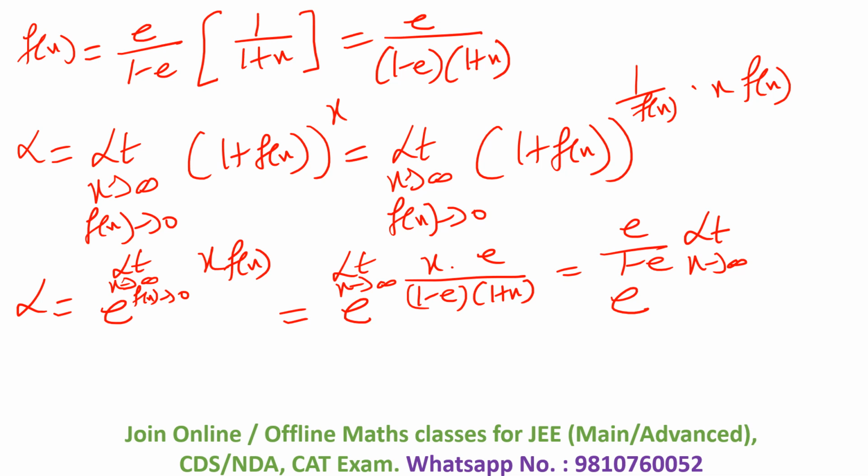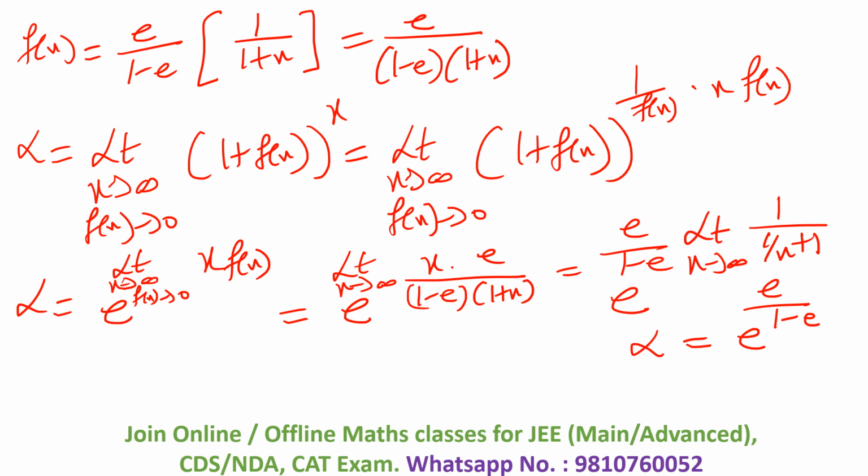Now in order to solve this limit, just divide up and down by x. So this becomes 1 upon x plus 1. Now students, when x is approaching infinity, obviously 1 upon x will approach 0. So the value of limit or the value of alpha comes as e to the power e upon 1 minus e. Fine.